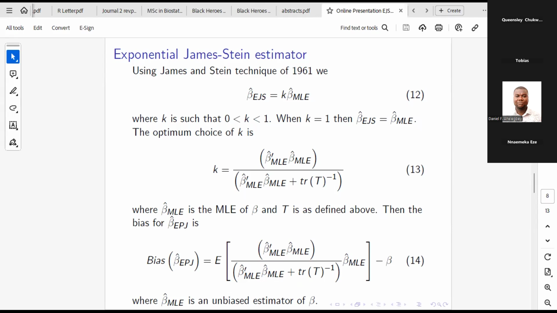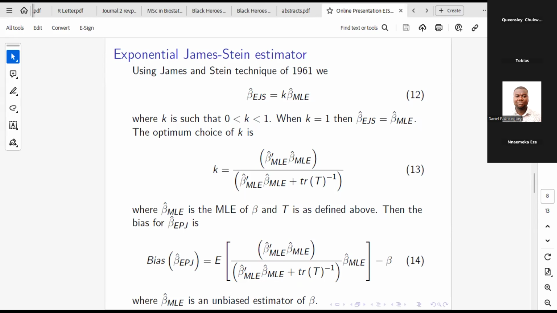With the choice of K, we would look at the maximum likelihood estimator and the exponential James-Stein estimator and see whether it would be biased or not.